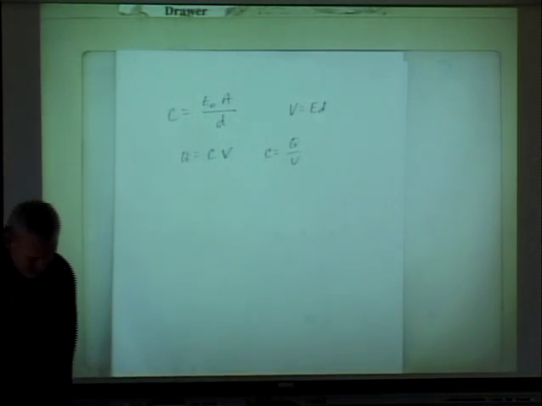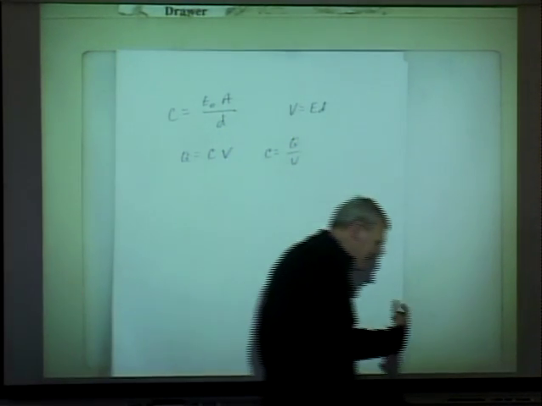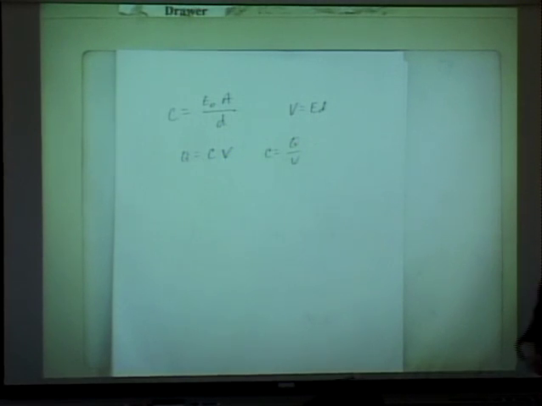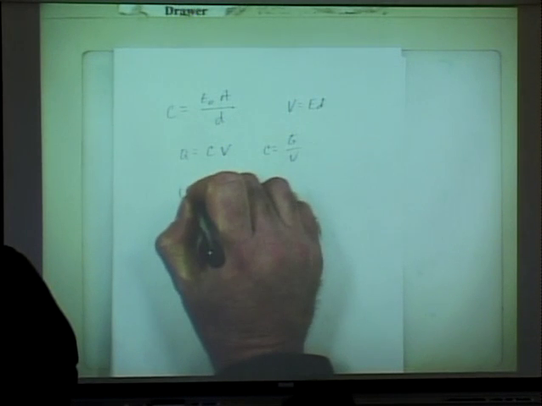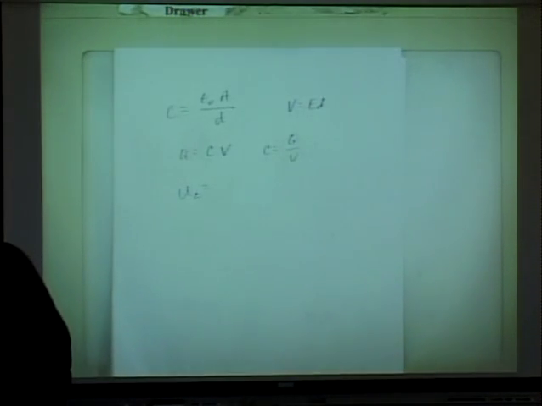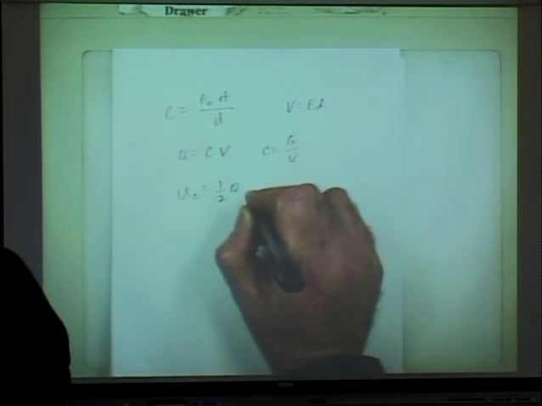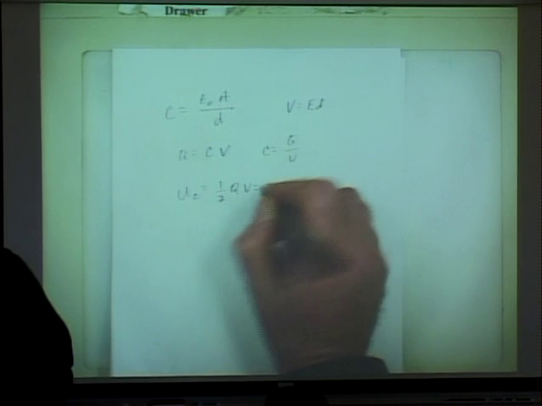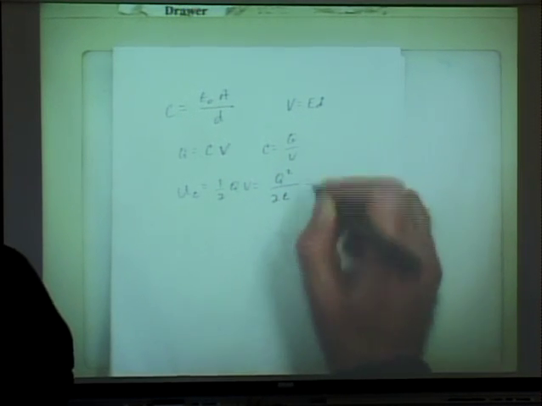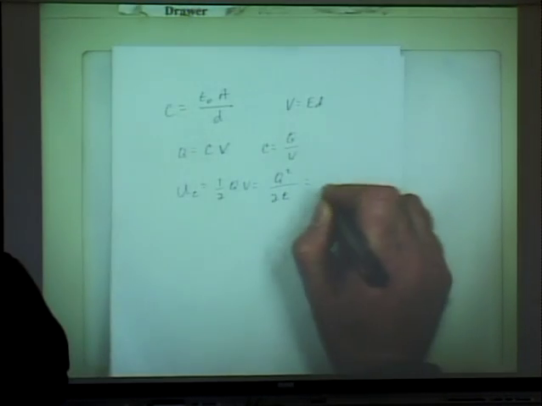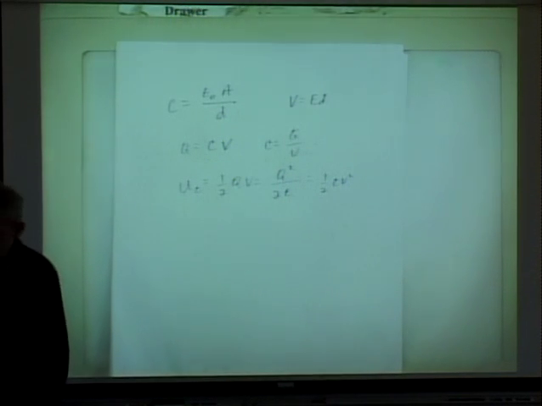Now the energy. The energy we consider to be inside the electric field. So the energy contained in a capacitor is equal to 1/2 QV, which we could rearrange as Q squared over 2C, or that also equals 1/2 C V squared.